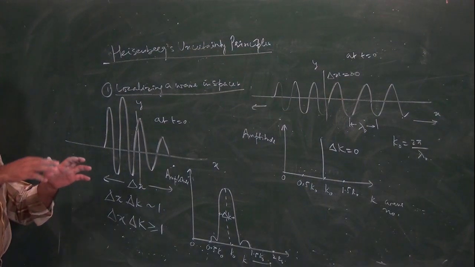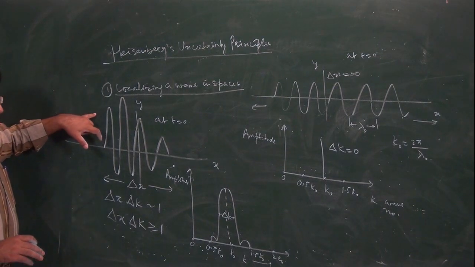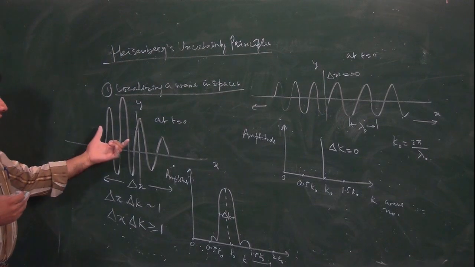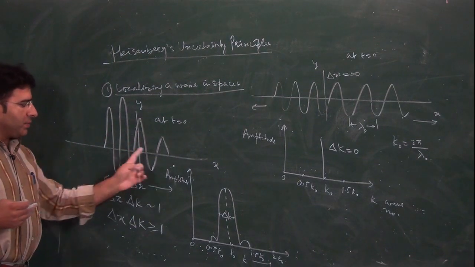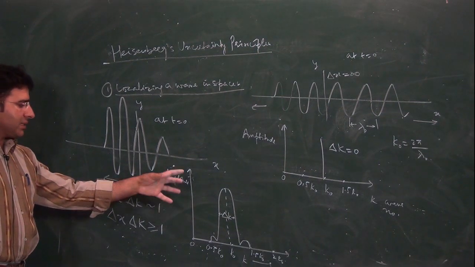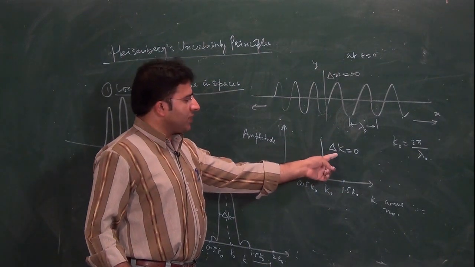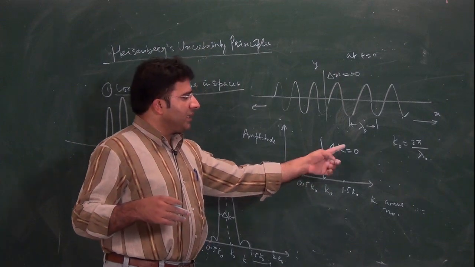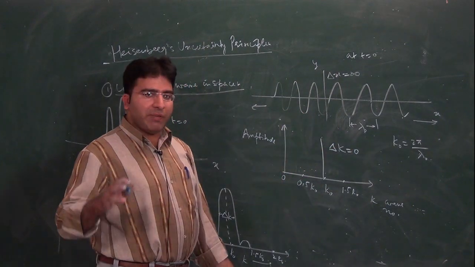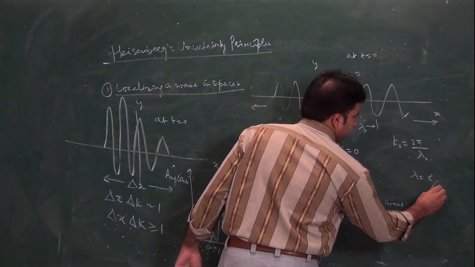By mixing many waves, we construct a wave packet. The advantage is that we are localizing the wave. The disadvantage is that the wave is becoming impure. Its wave number is becoming less precise. And when we talk of this wave number being precise, it is connected to wavelength. Wavelength in turn is connected to momentum. We know lambda is equal to h by p.